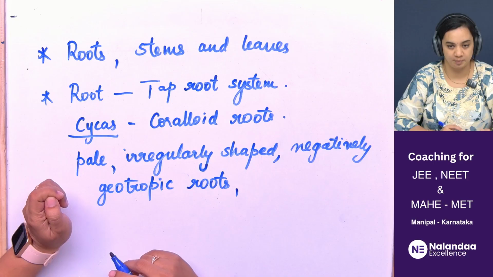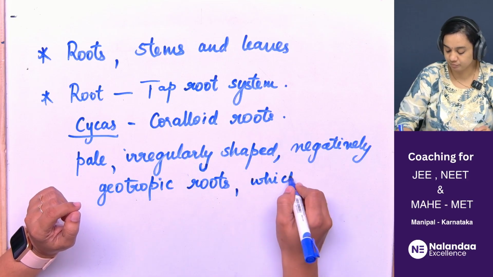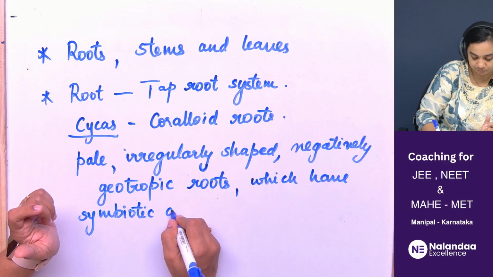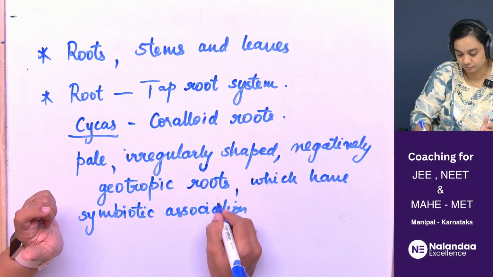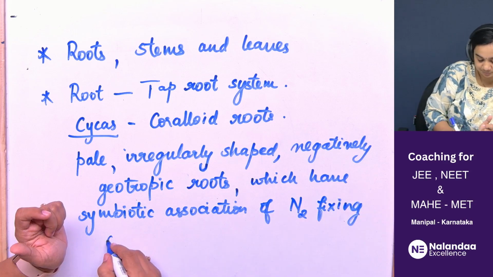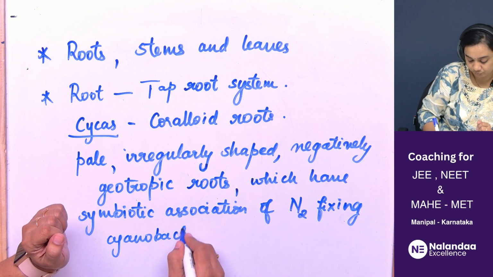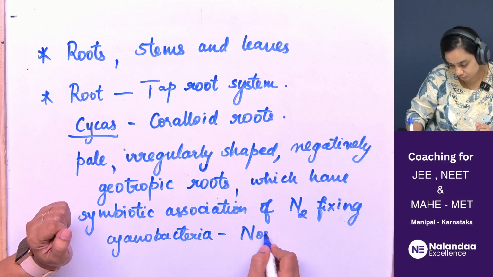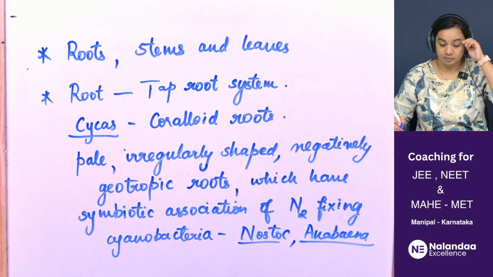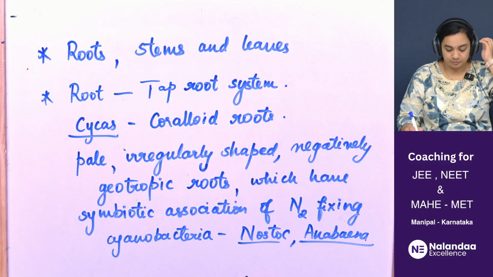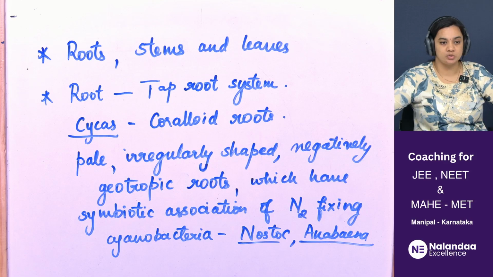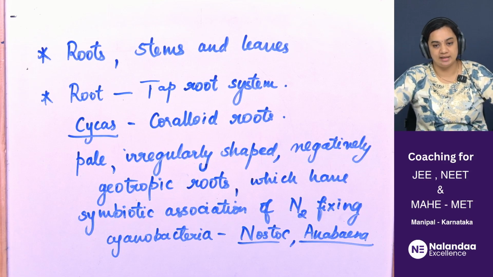They have a symbiotic association with nitrogen fixing cyanobacteria like Nostoc and Anabaena.